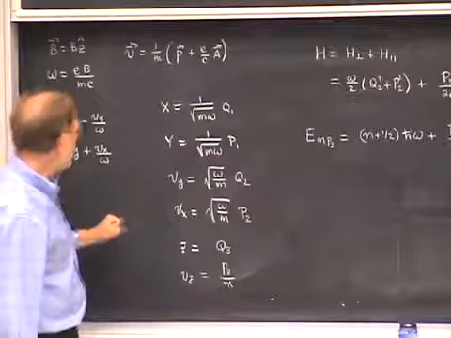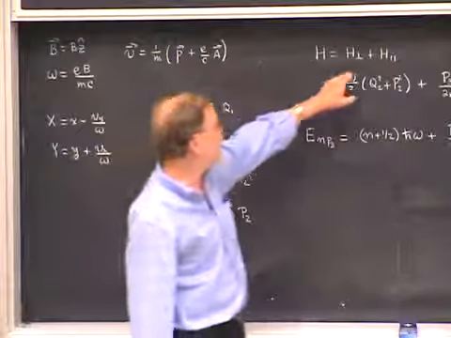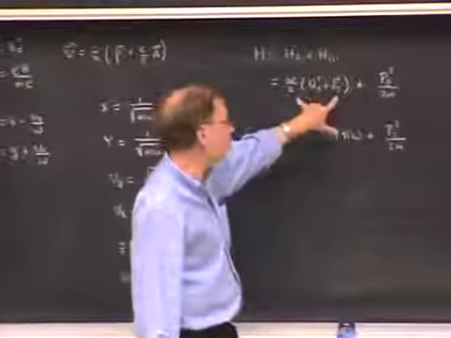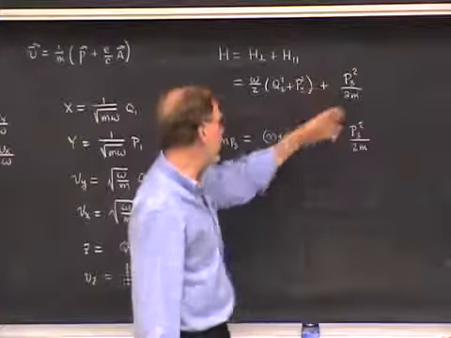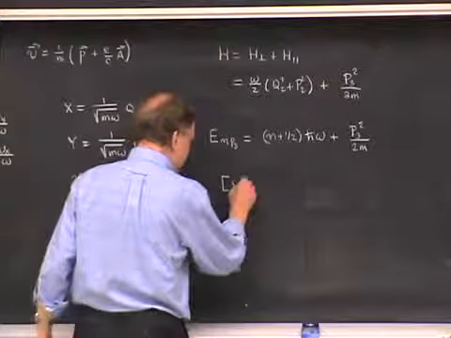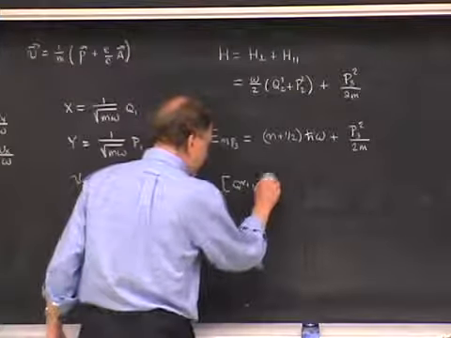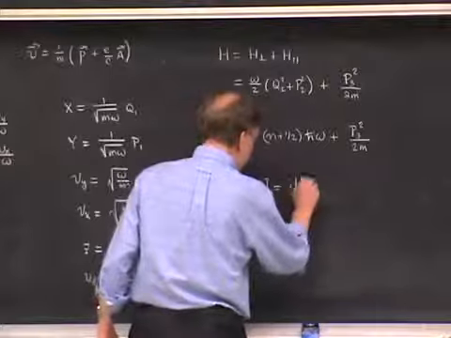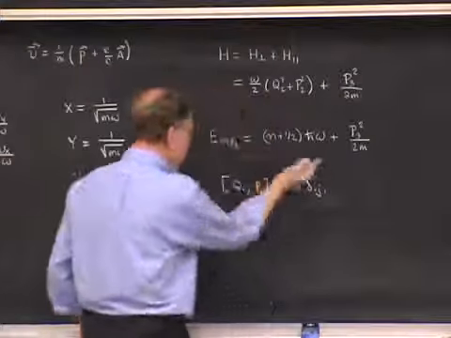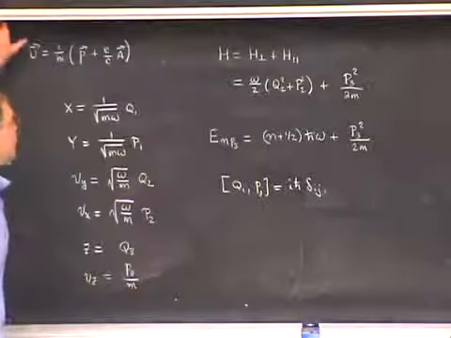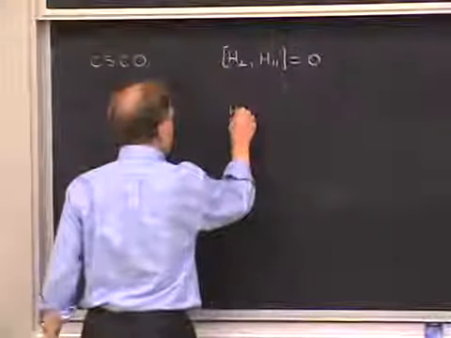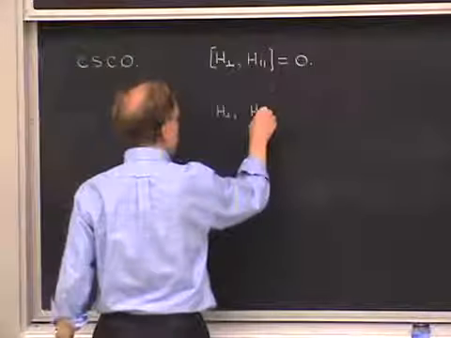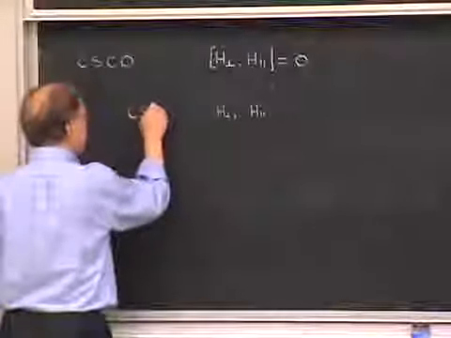So the reason that h perp and h parallel commute with each other is that h perp only involves number 2 degree of freedom, whereas h parallel involves number 3. They commute because the commutation relations are [qi, pj] equals i h bar delta ij, so their commutators are 0 for different degrees of freedom. So the Hamiltonian is a sum of 2 terms that commute with each other, and we can take h perp and h parallel as being 2 members of a complete set of commuting observables.